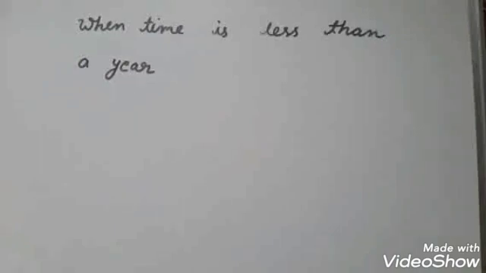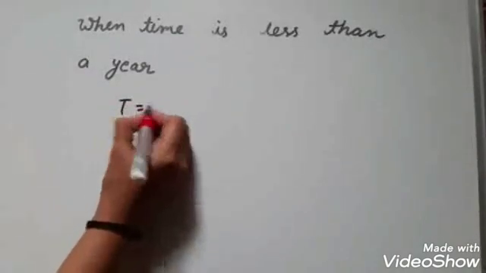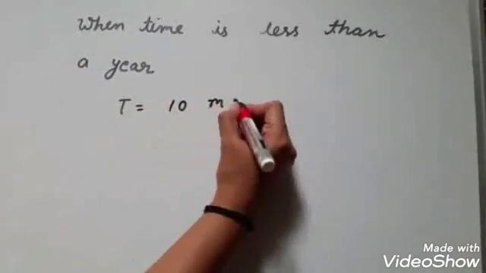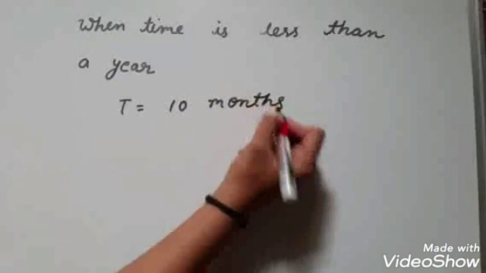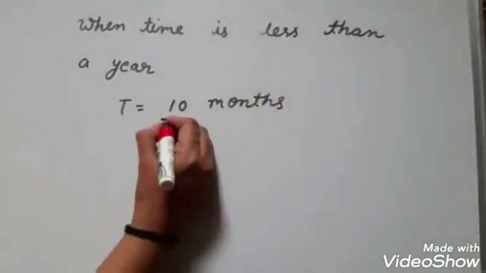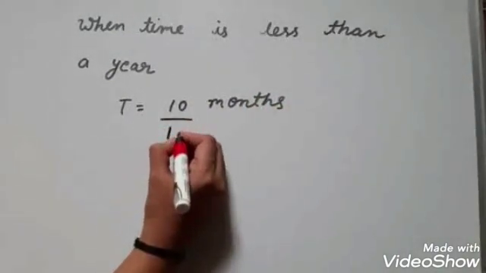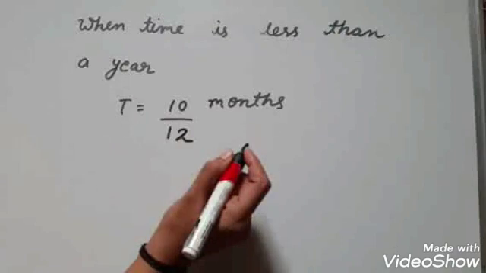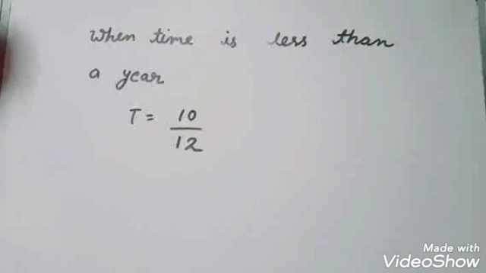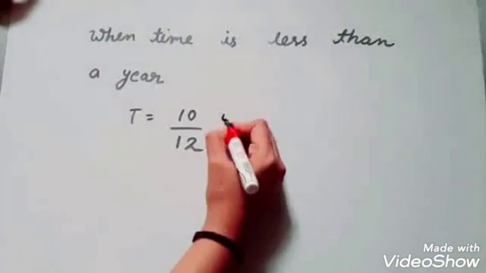Now let's see one more thing: calculation of simple interest when time is less than a year. For example, when you have time in months, suppose time is 10 months, you have to convert it into years by dividing it by 12.